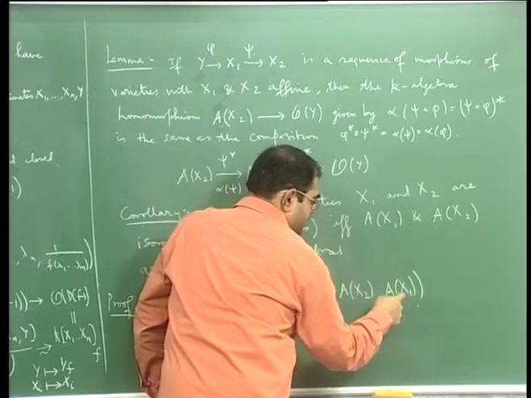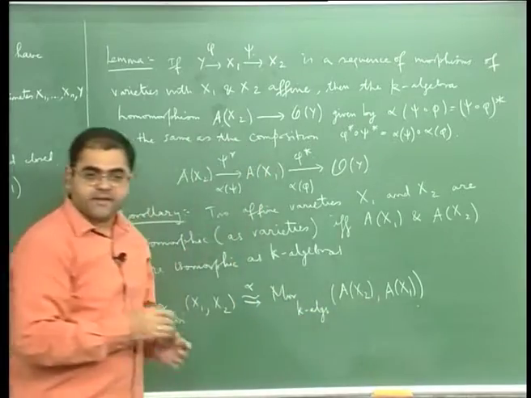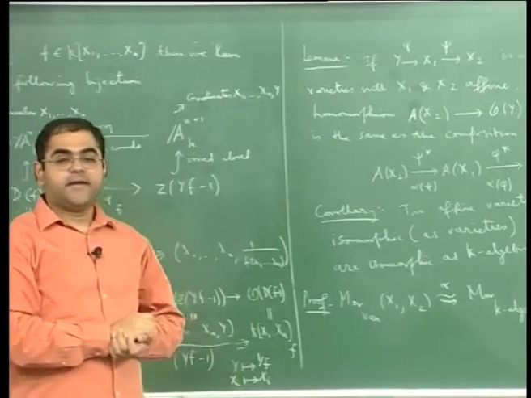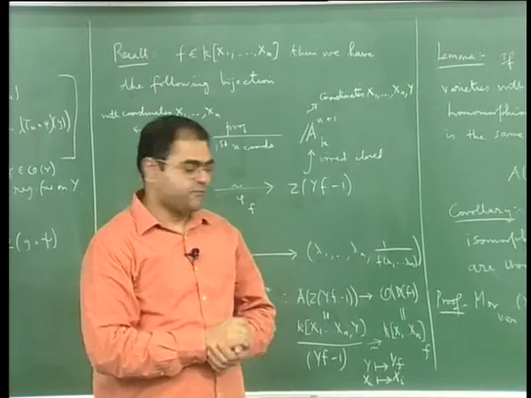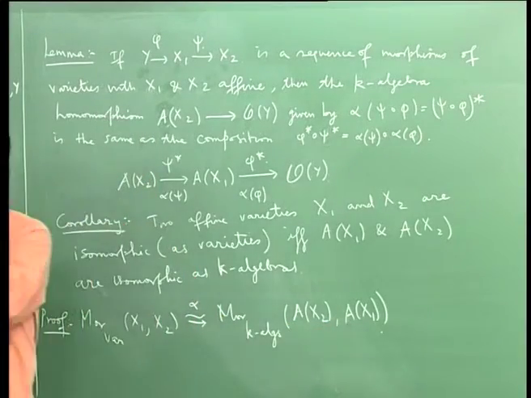Mind you, here I should have put O(X1), but I can replace O(X1) by A(X1) because X1 is affine. If X1 is not affine then I have to replace this A(X1) by O(X1). That is what we prove.